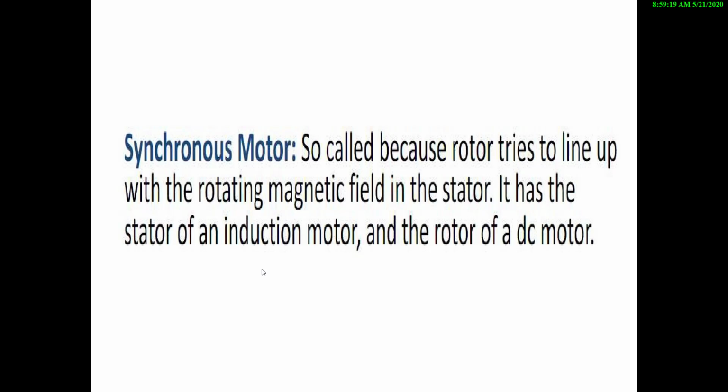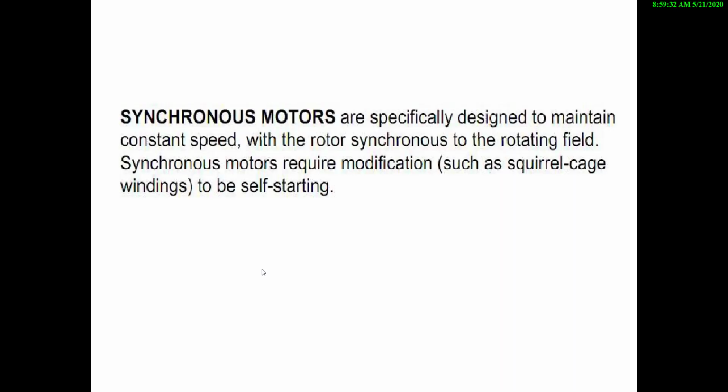It is called a synchronous motor because the rotor tries to line up with the rotating magnetic field in the stator. It has the stator of an induction motor and the rotor of a DC motor, and it is specifically designed to maintain a constant speed with the rotor synchronous to the rotating field. The synchronous motor requires modification, such as squirrel cage windings, to be self-starting.